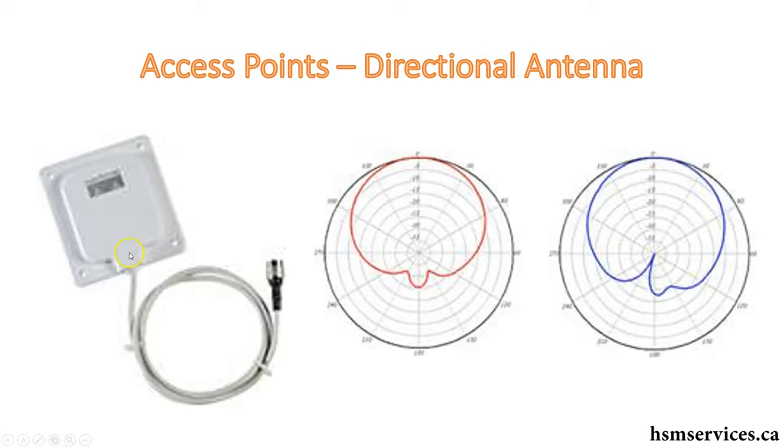And here's another directional antenna. This tends to only point in one direction. So if this antenna here was flat, they always tell you to point this antenna in a specific direction. So you're only getting a signal, let's say, in this area. Anything pointed this way is getting a signal.